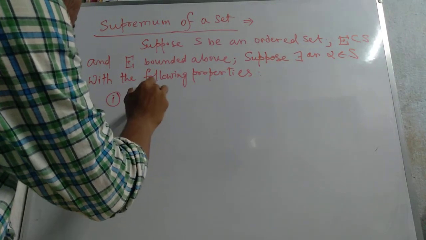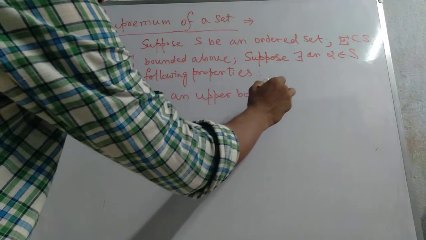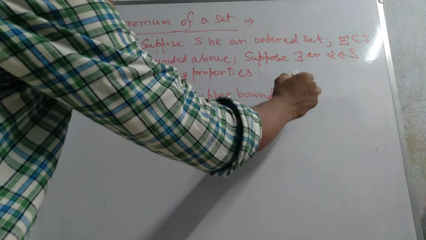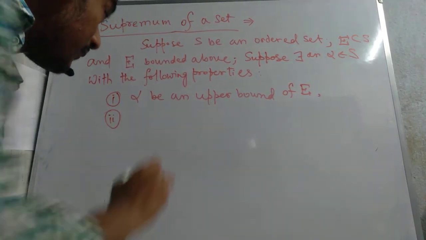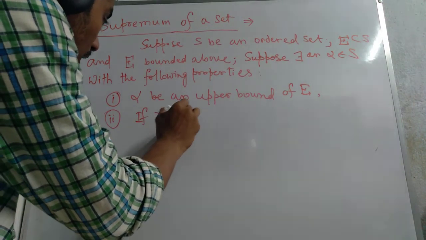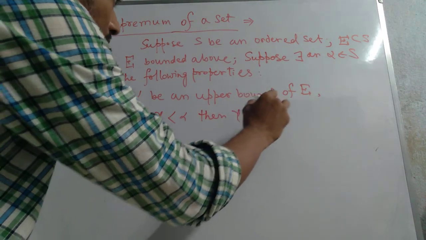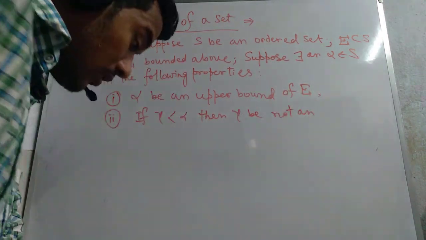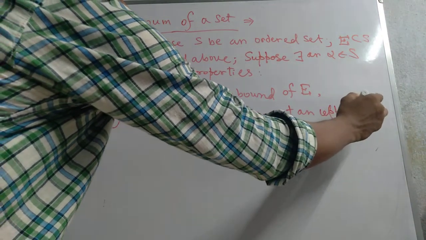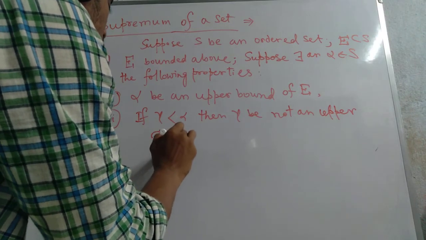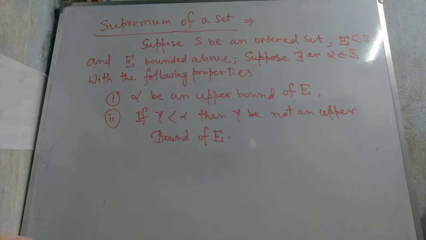First, alpha is an upper bound of E. Second, if gamma is less than alpha, then gamma is not an upper bound of E. So simple.